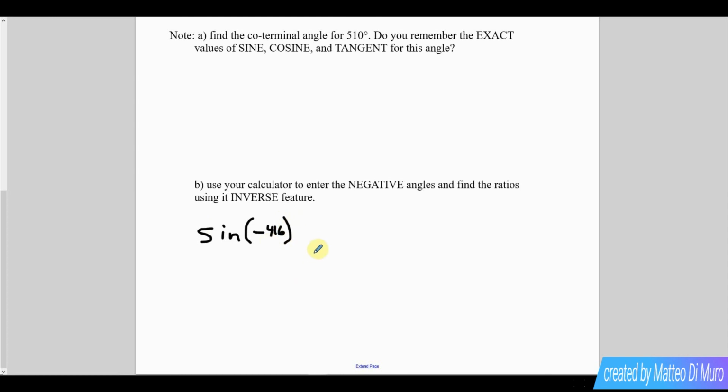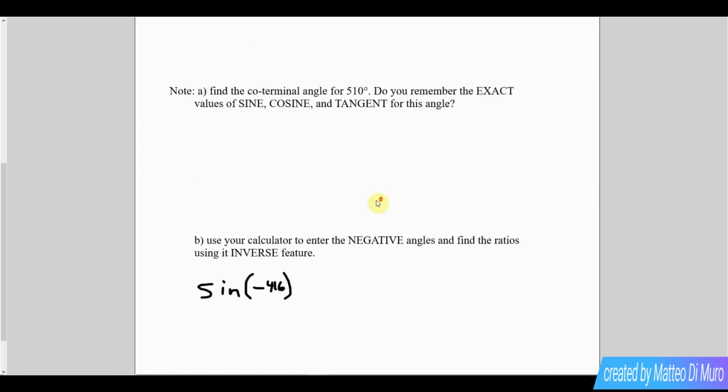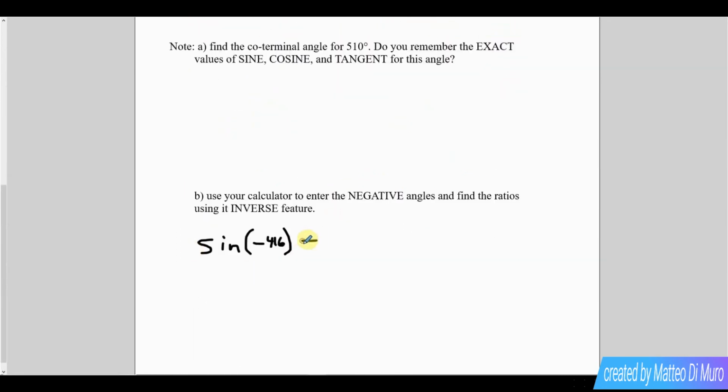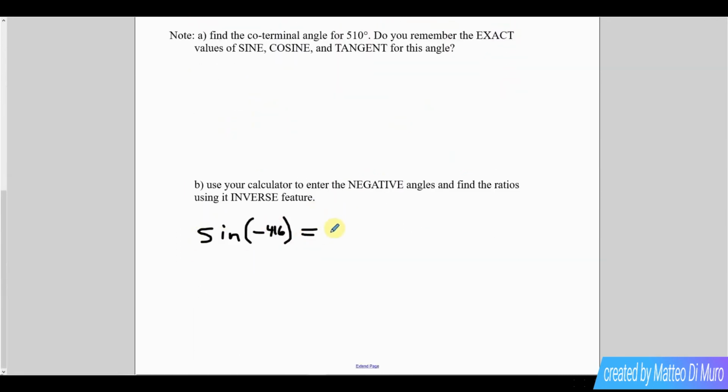If you pop that in, they've given us the angle, we want to know the ratio. So if you pop that into your calculator, I got, and remember the exam is always 3 decimals unless otherwise stated, so we're going to round to that, negative 0.829.